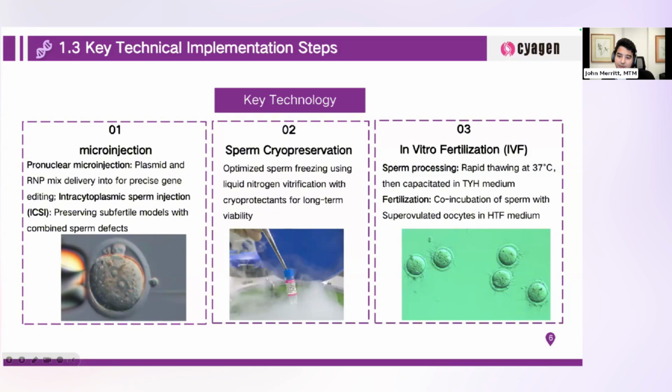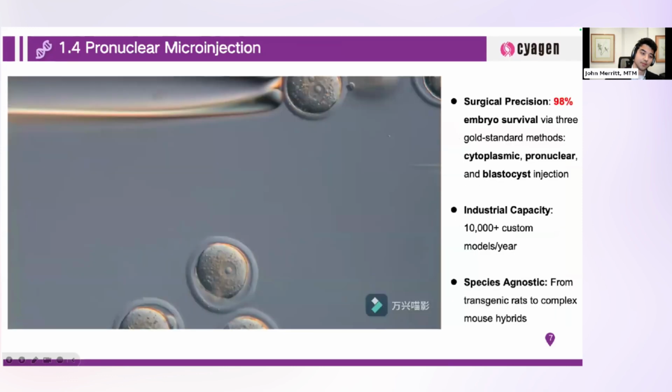And so we use in vitro fertilization to generate the line again, although we'll be talking a little bit more about ICSI, which is another way we perform IVF that is better and allows greater conservation of rare biological resources.